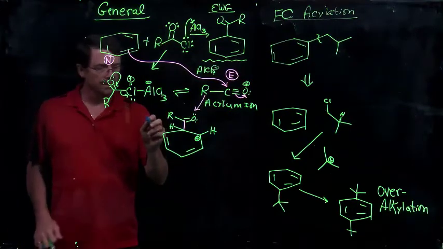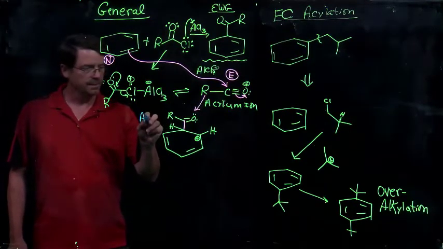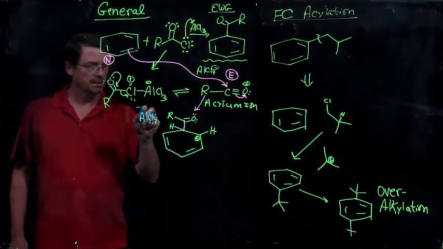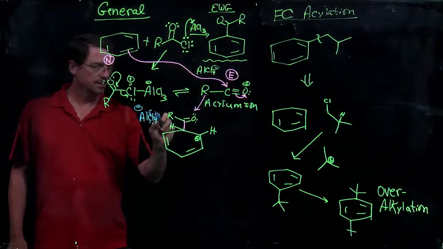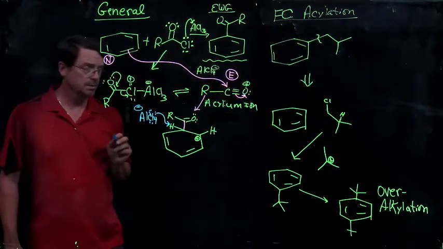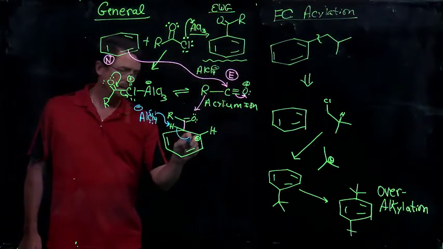Now we just need our Lewis base, and remember this will have some AlCl4 minus. I'll use that one specifically here. And I like to push arrows from lone pairs, not anions, at least at first, but we'll take some shortcuts later once we've mastered things.